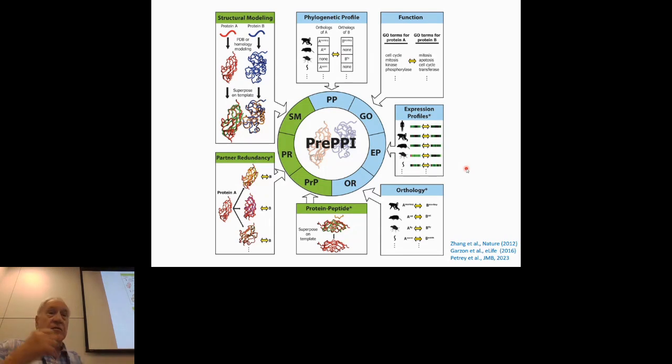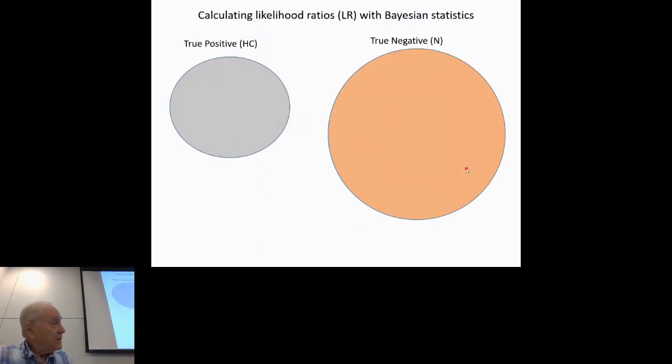We add information. Are they co-expressed, for example? Is there a sequence relationship between them, et cetera, et cetera. So we take all of this information from different databases, and we have to train each of the scores that we get so that we have some way of combining them. And to do this, we simply have positive and negative databases, and I'll say a bit more about that in a minute.